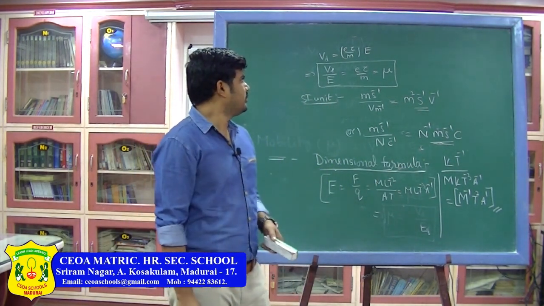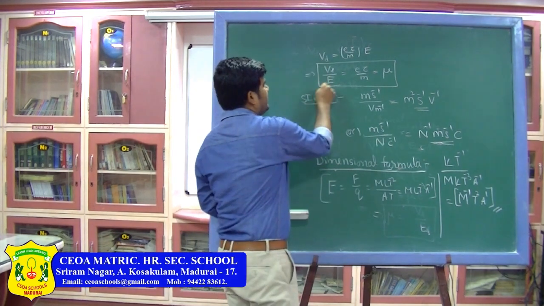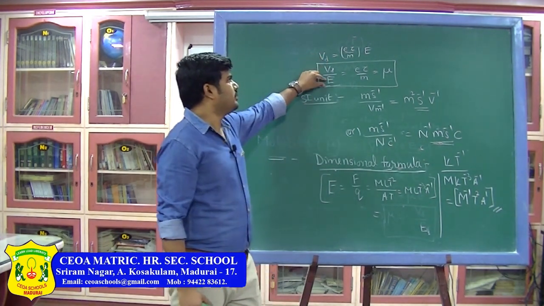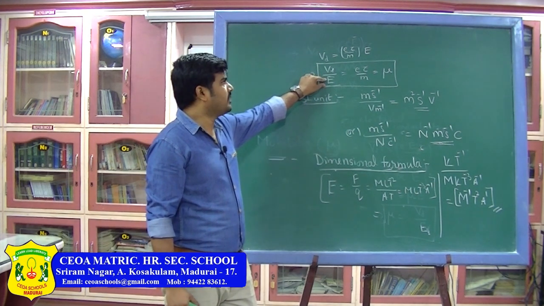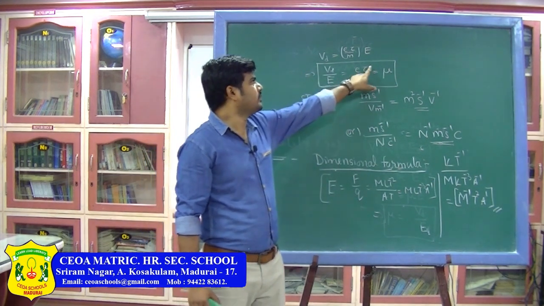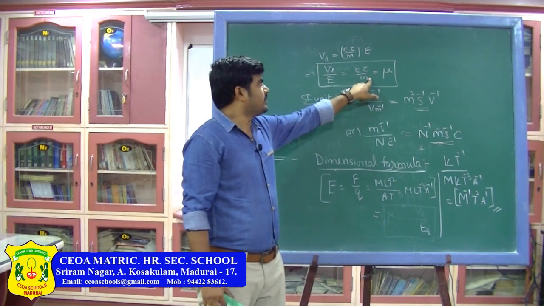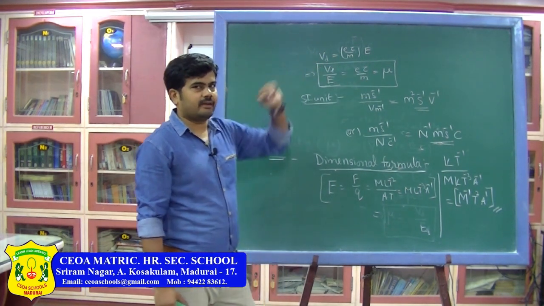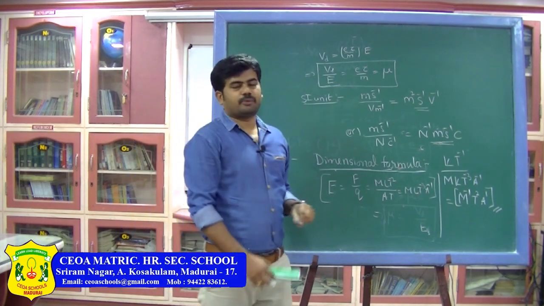Now, this is what mobility is. Remember this expression: the ratio of drift velocity to the applied electric field strength is called mobility, and it is given by e tau divided by m, and also you can define it as drift velocity per unit applied electric field.